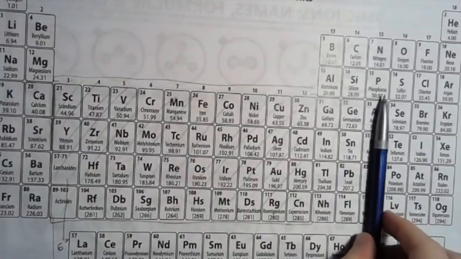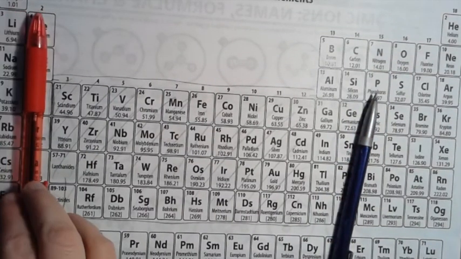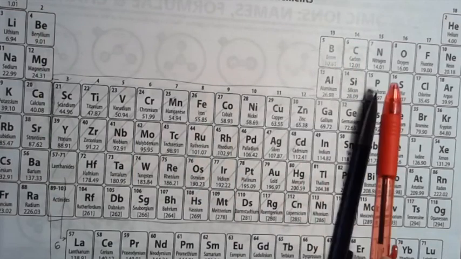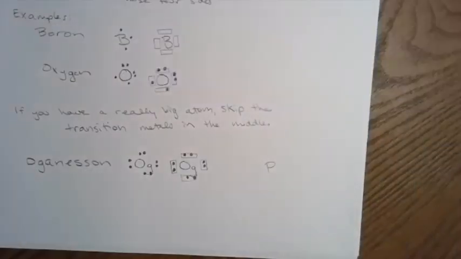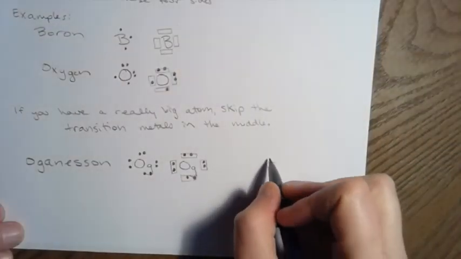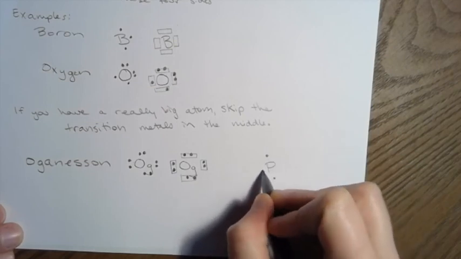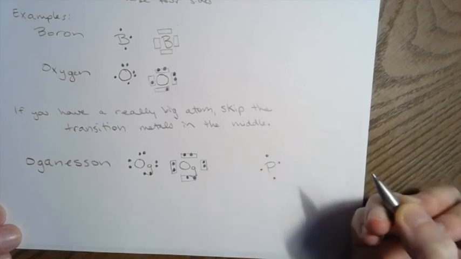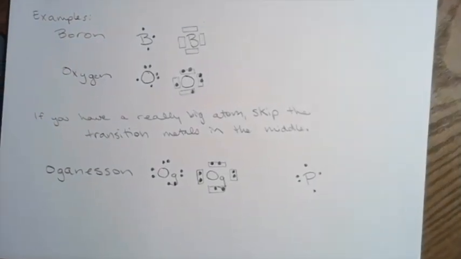We'll start from the left. 1, 2. Skip the transition metals. 3, 4, 5. 5 valence electrons. You can start on any side. You can do these in any order as long as you distribute evenly to those 4 boxes before doubling up. 1, 2, 3, 4, 5. That is a Lewis structure for phosphorus.